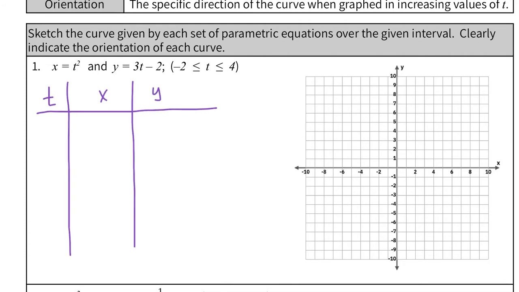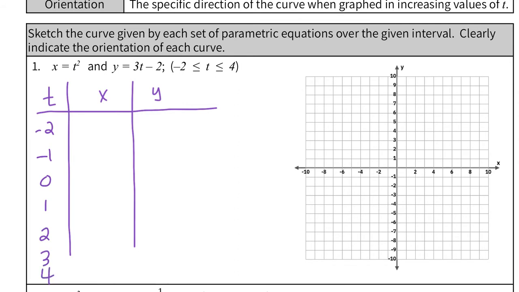Next thing is they specifically tell us, here's our interval, that t is between negative 2 and positive 4, including those numbers. So I'm just going to use the whole numbers between that interval: negative 2, negative 1, 0, 1, 2, 3, 4.